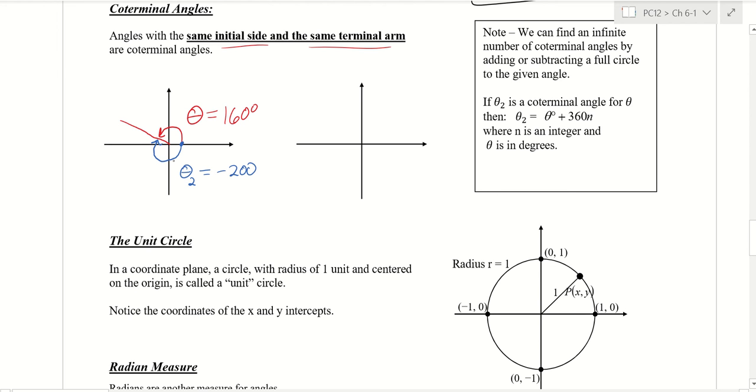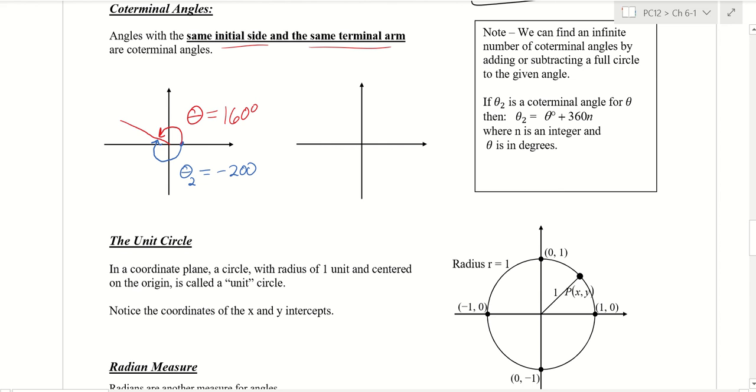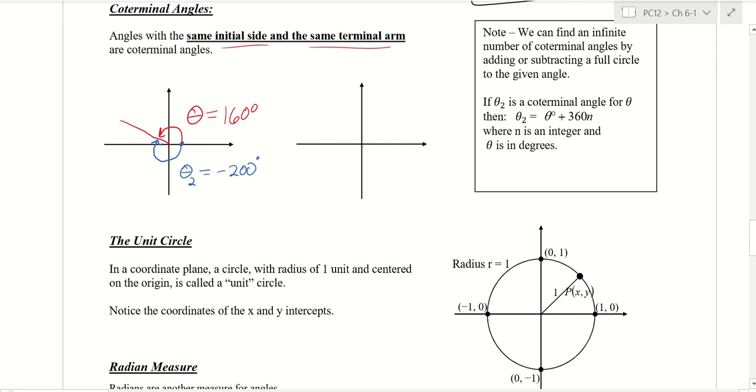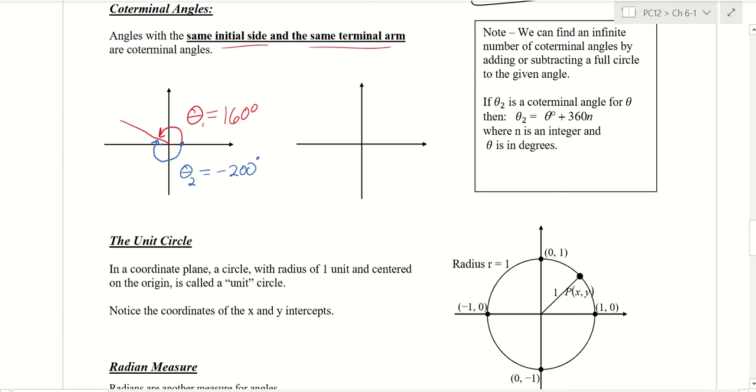And so if we're going to negative 180 and then an additional 20 in that negative direction, we'll be at negative 200 degrees. So there we go, and let's just call this theta 1. So these two angles are what we call coterminal because they end on the same terminal arm here.